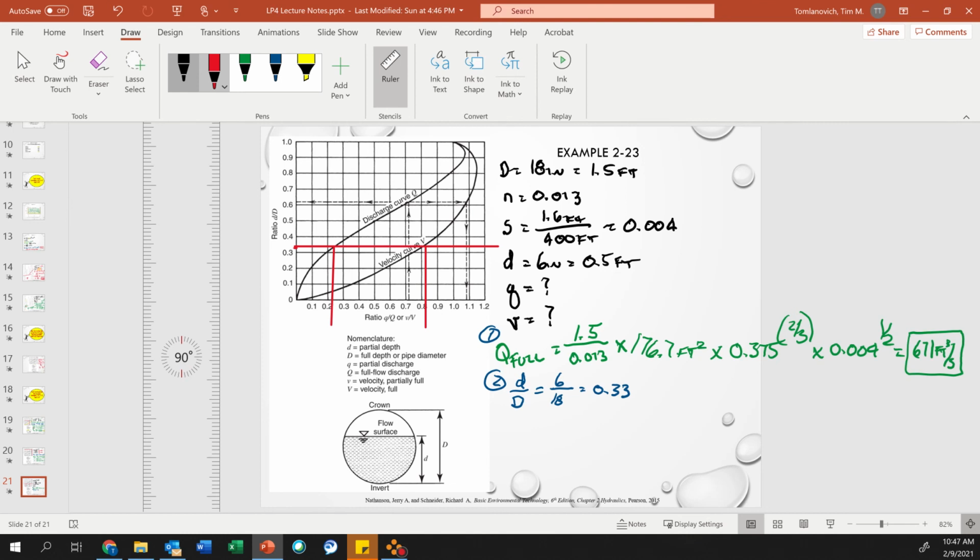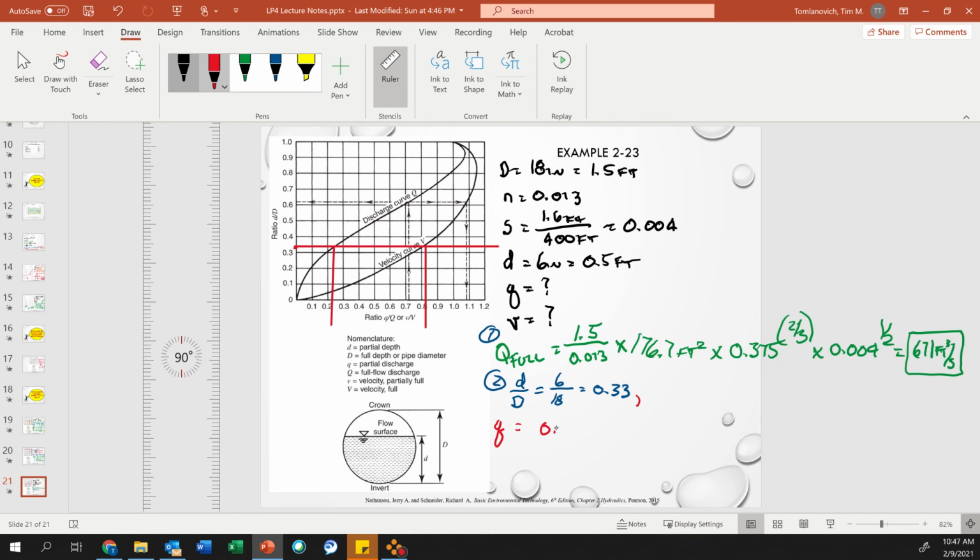Now we know Q partial at 6 inches equals, from my discharge curve, which wasn't quite perpendicular, 0.23.